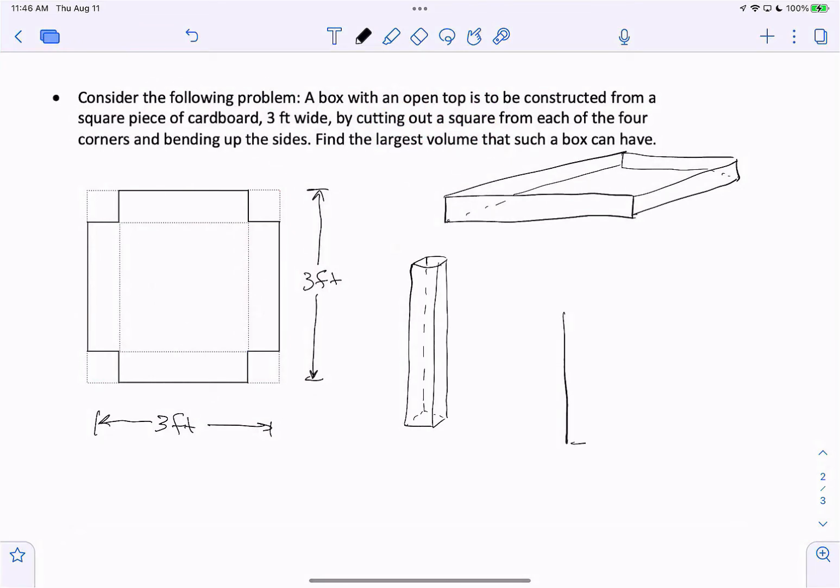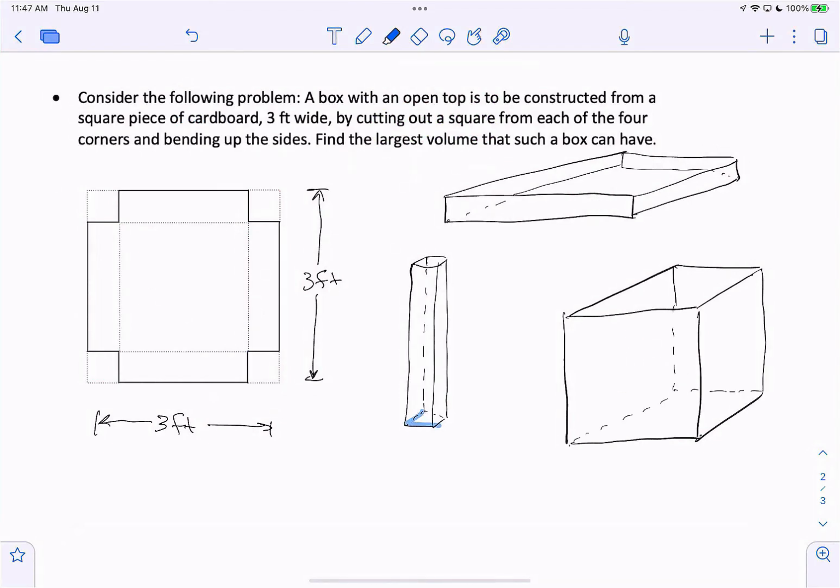Or something that's kind of just bigger. And in each of these cases, the area of the bottom square is the same as the area of this square.